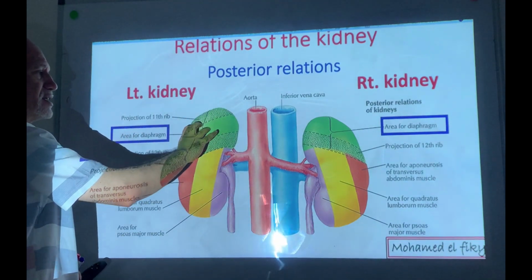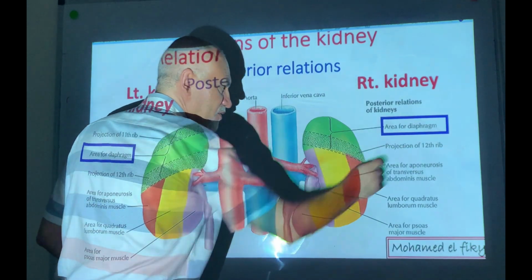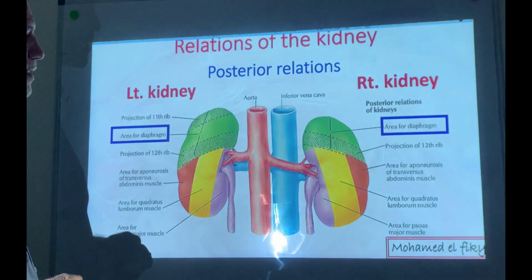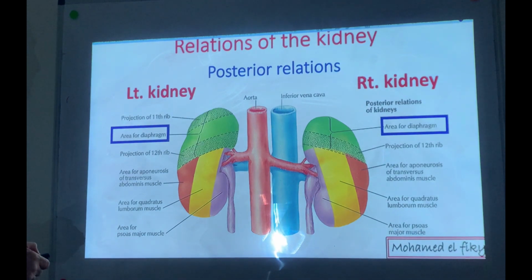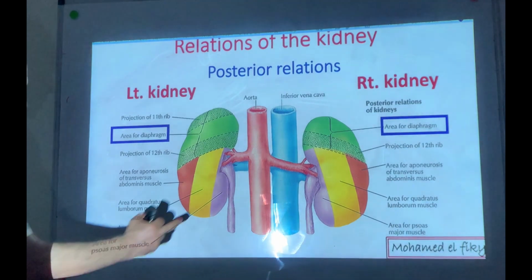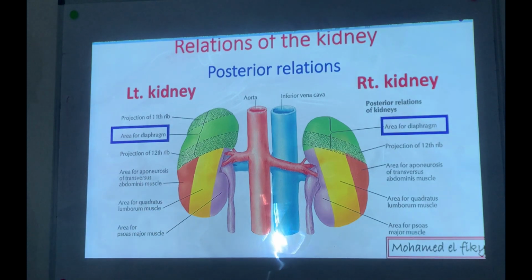The upper area on the right side is related to rib number 12 and diaphragm, but here rib number 11, the last rib, and the intercostal space in between. Three muscles: psoas major, quadratus lumborum, and transversus abdominis. This is the posterior relations of right and left kidney.